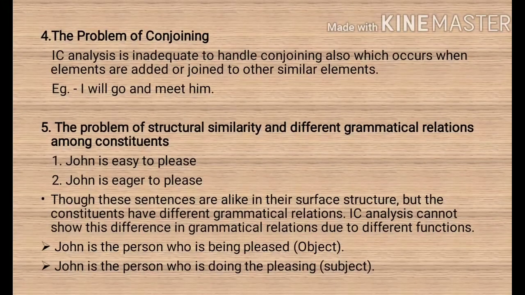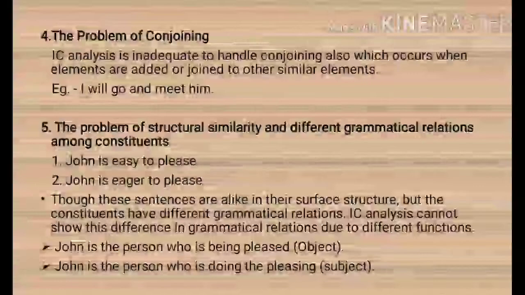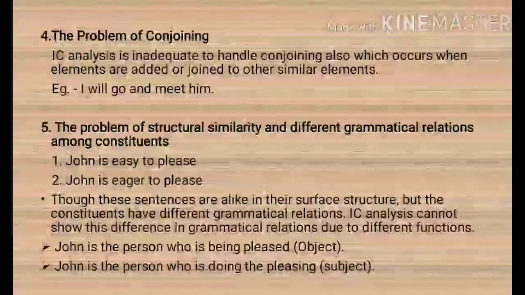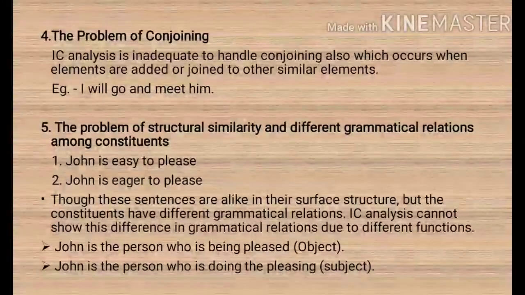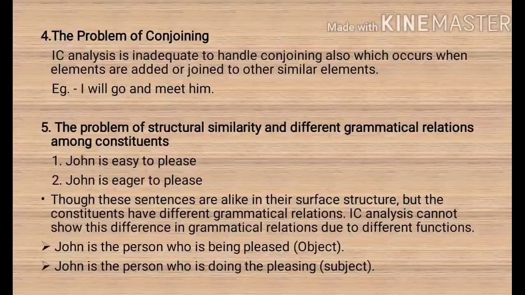Fifth one, the problem of structural similarity and different grammatical relations among constituents. For example, John is easy to please. Another sentence, John is eager to please. Though these sentences are alike in their surface structure, the constituents have different grammatical relations.